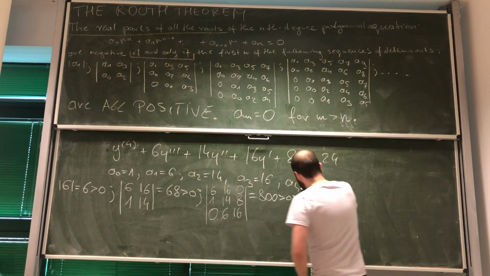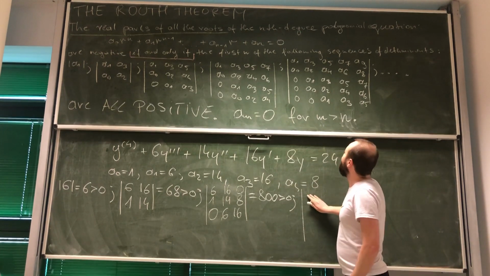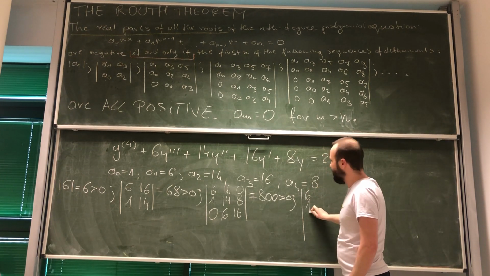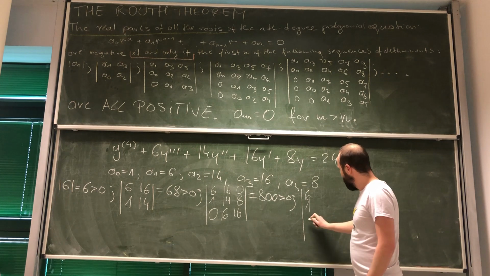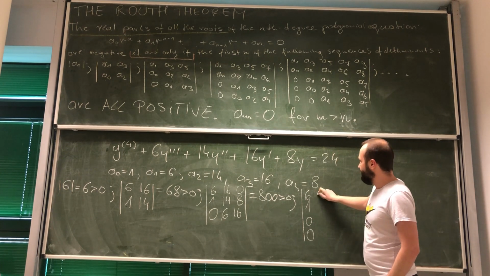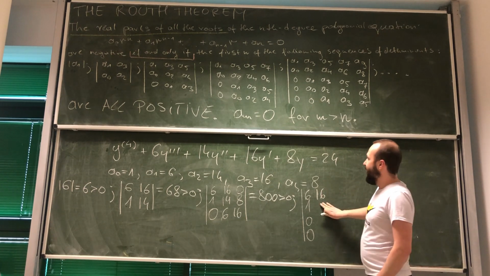And now, finally, we need to calculate the last determinant. So again, we start with A1, which is 6, then A0, which is 1, and then we will have 2 zeros. Then we will go to A3, 16, and we go down.